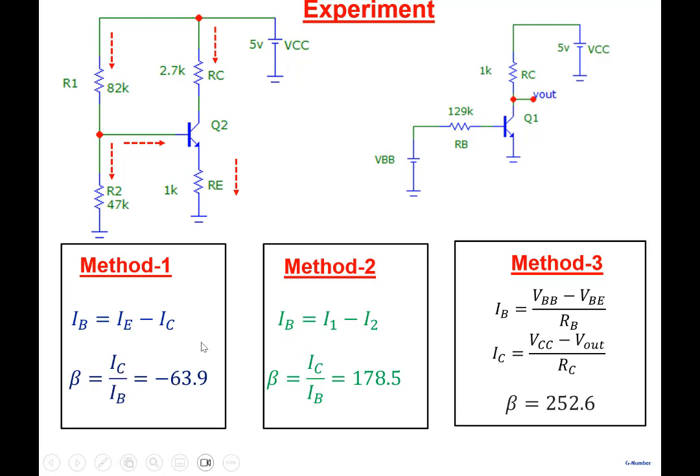One of the reasons why things don't work according to expectations in the lab is that there are always errors in the lab. Whatever you measure has an error in it. In theory, you're doing almost a perfect calculation, to the 4th or 5th decimal, whatever you want. In lab, the measurement always has errors. One obvious error: I've written here 82K.